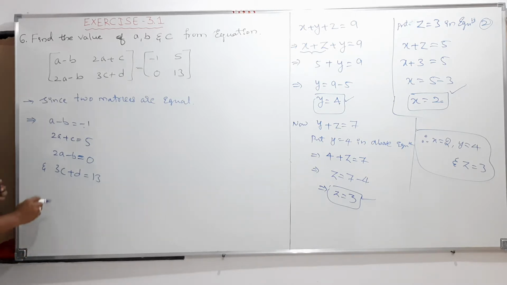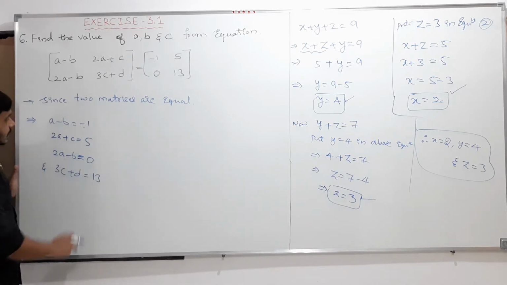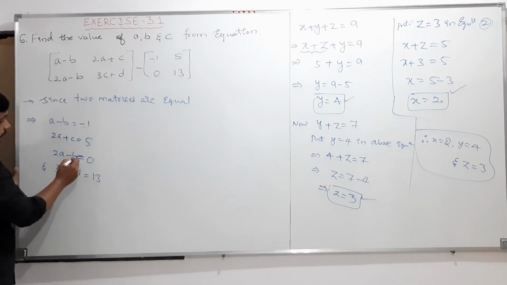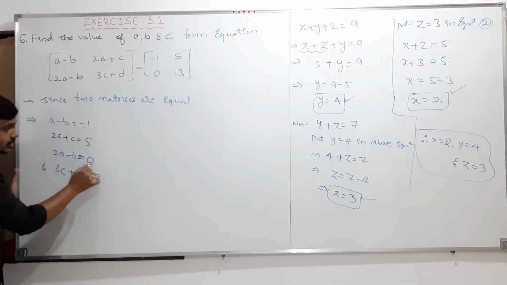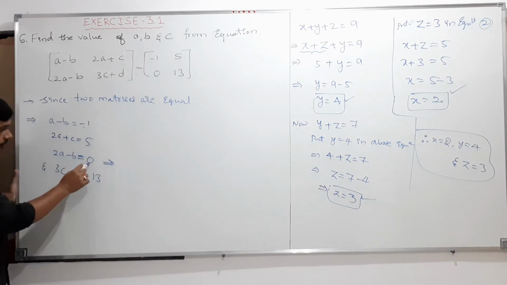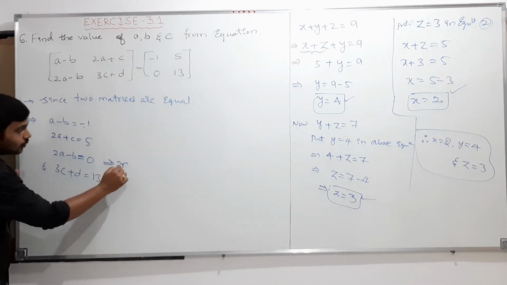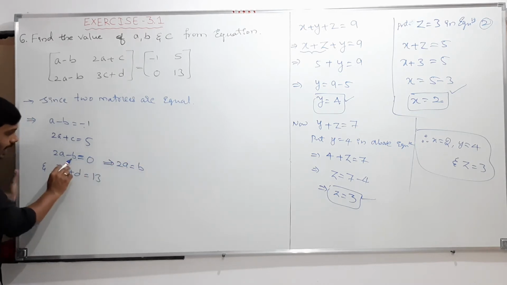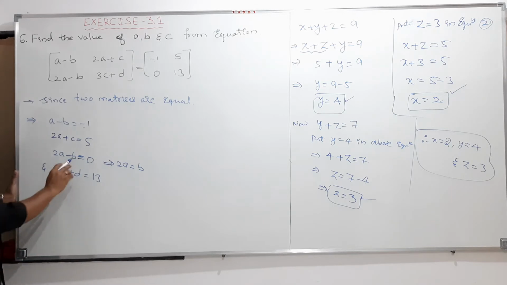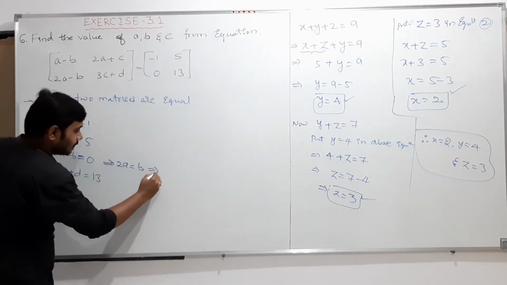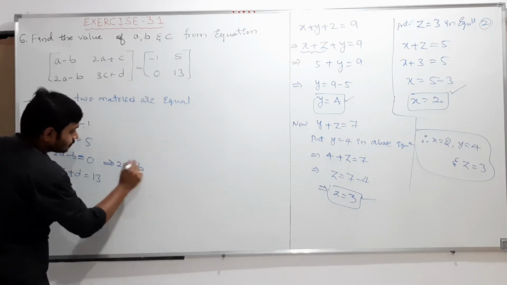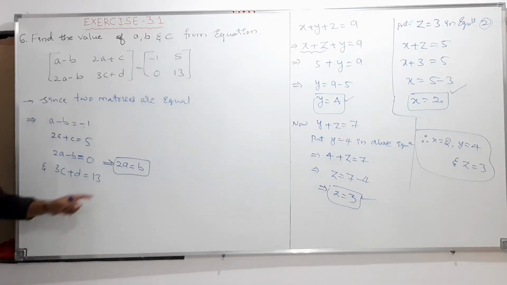So my dear students, here 2A minus B is equal to 0. From this equation you can find either the A value or the B value. So this implies 2A is equal to B, if I shift that side it becomes plus B. So I am taking the B value as 2A only.